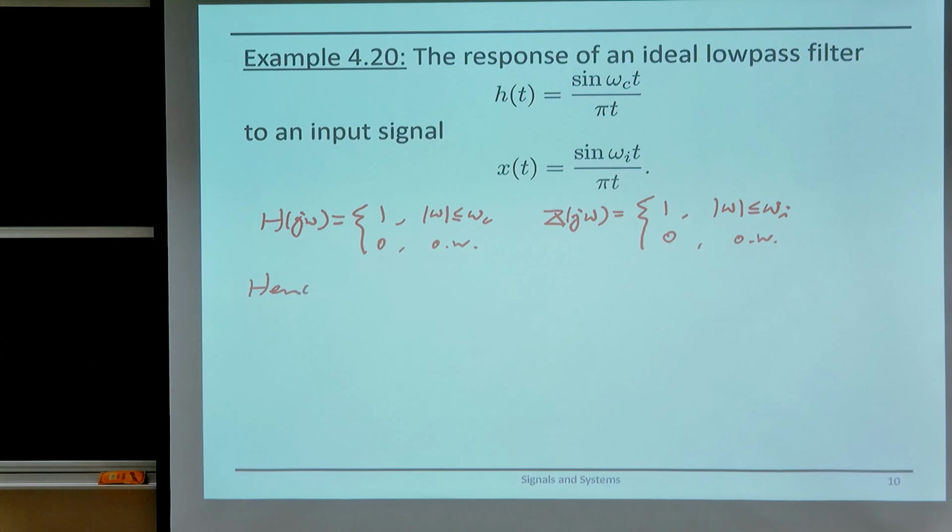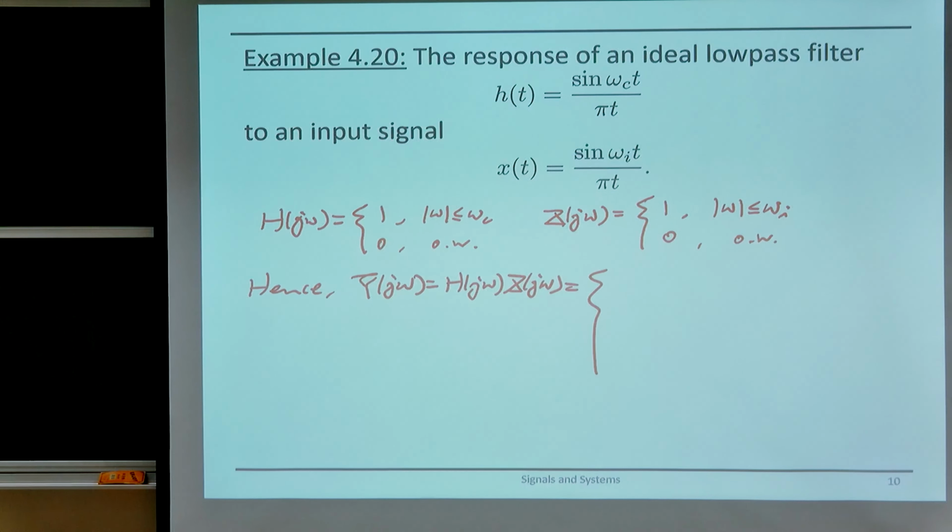So hence, Y, the output, will be the multiplication of the two. These are two perfect square signals, so when you multiply the two, you will still get a square signal. It's just that the bandwidth is determined by which one is smaller.